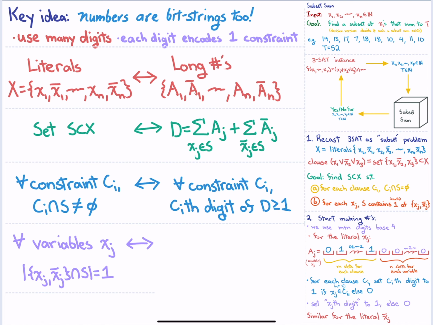Okay. All right. And then what would be the corresponding rule for D for the constraint saying that I can only have one literal for each variable? Yeah. Sorry, the question is why 1? Well, I wrote at least 1.